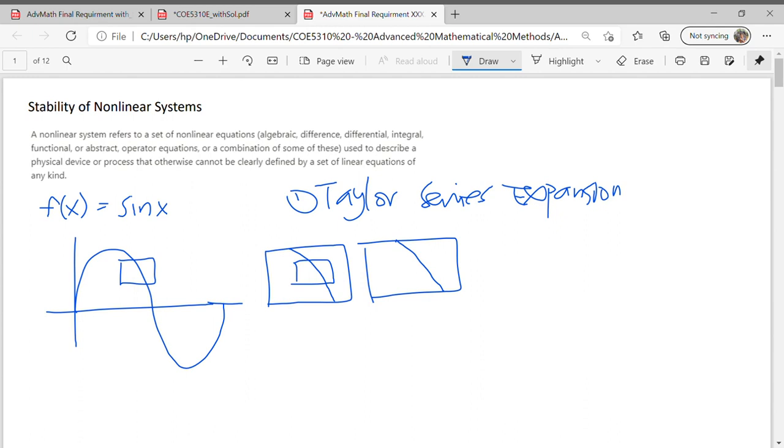By zooming in, we get a view of a line. Mathematically, we can use the Taylor series expansion and get the first order of that expansion for the linear format of that nonlinear system.